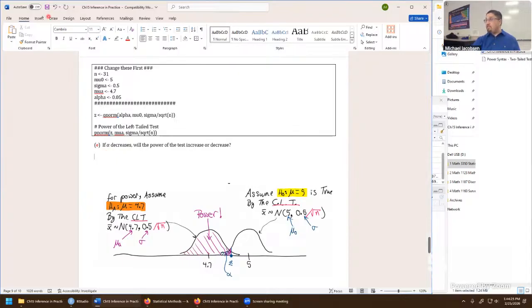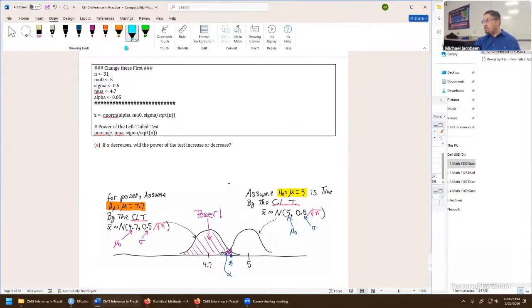We're being asked, if the significance level alpha decreases, will the power of the test go up or will it go down? And there's two good ways to answer this question. One way is just look at the diagram. And another good way is, well, alpha is right here in the syntax, just decrease it in the syntax, see what happens. Let's first think geometrically.